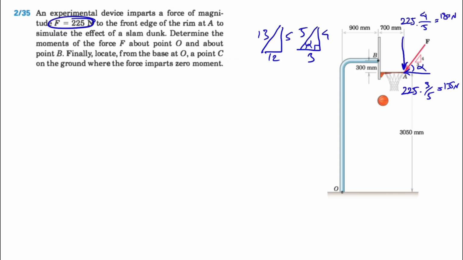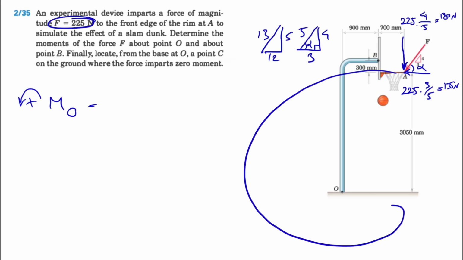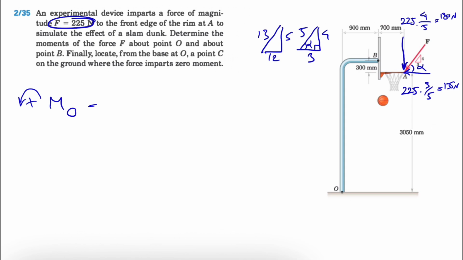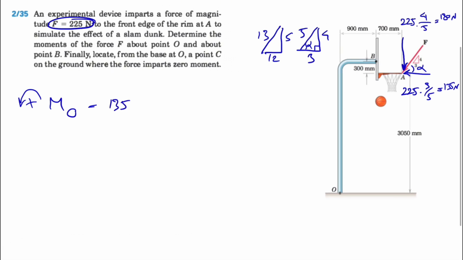Now that we have the X and Y components, it's easy to find the moment. For the moment about point O, we're going to call counterclockwise positive. Both X and Y components make a moment about point O. The moment of Fx will be counterclockwise, so it will be positive: 135 times the vertical distance.